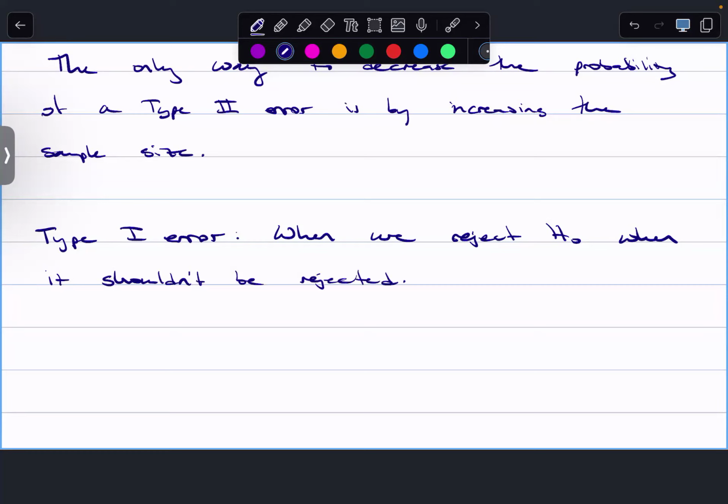The classic example is in a courtroom situation, right? And so the null hypothesis is that this person who's on trial is innocent, right? We have to assume that they're innocent until we have proof otherwise, right? And so if I say that they're not innocent when they are in fact innocent, that's a type 1 error.